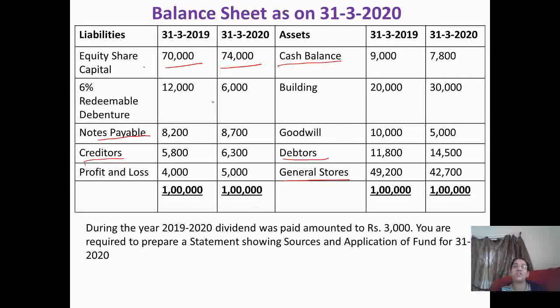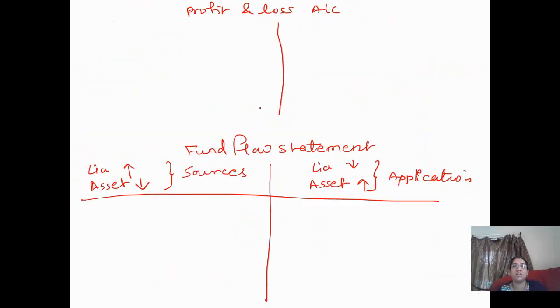In the last year our liability was 70,000 and in the current year our liability is 74,000, means you have taken 4,000 more. So liability increase by rupees 4,000 can be shown under the fund flow statement.